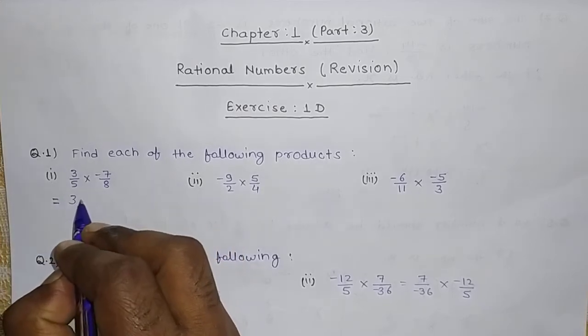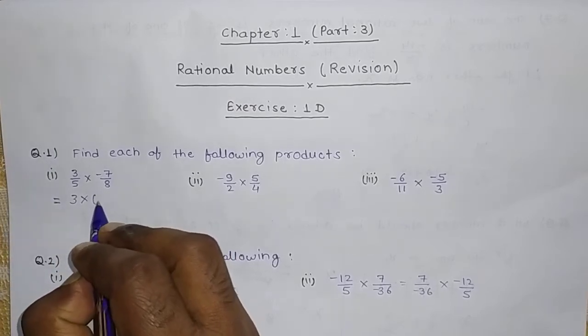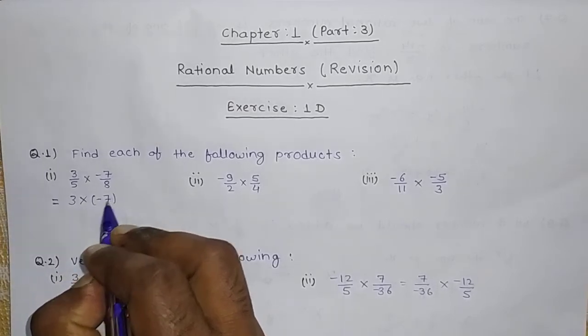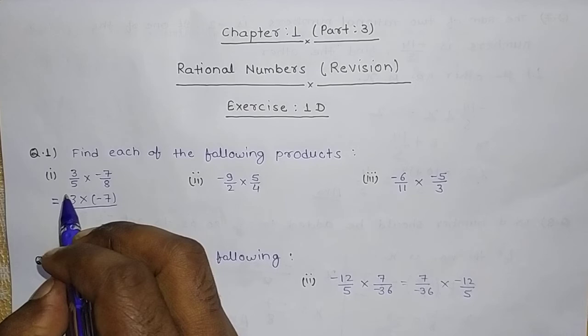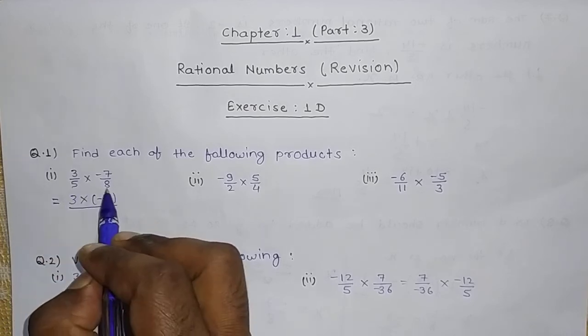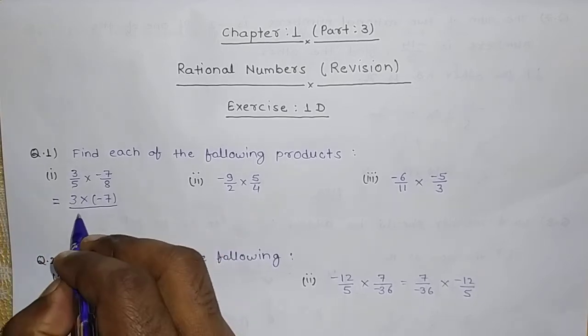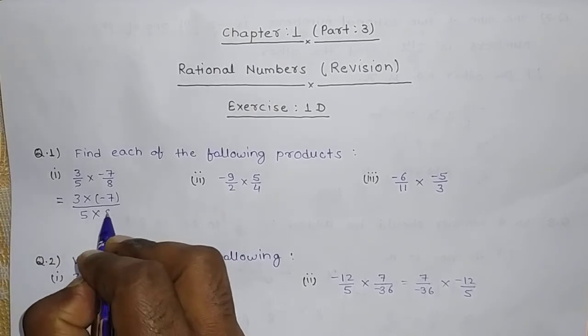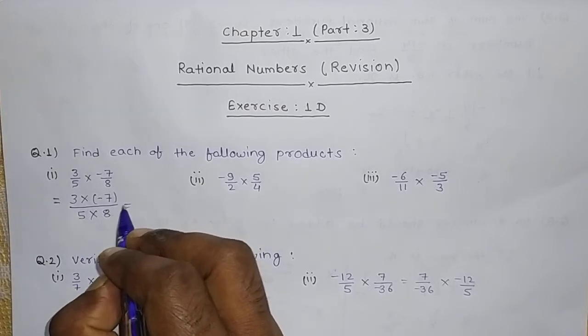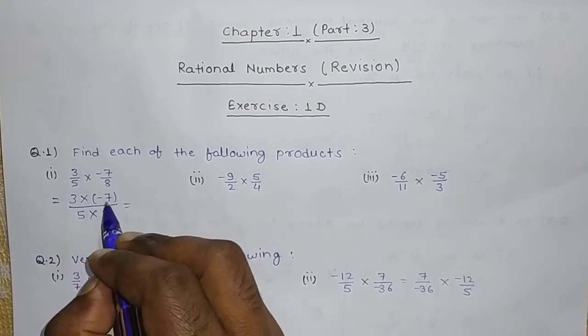So here we can write 3 into minus 7 divided by, and denominator is 5 and 8. So it simply multiply that 5 into 8. Now 3 into minus 7.